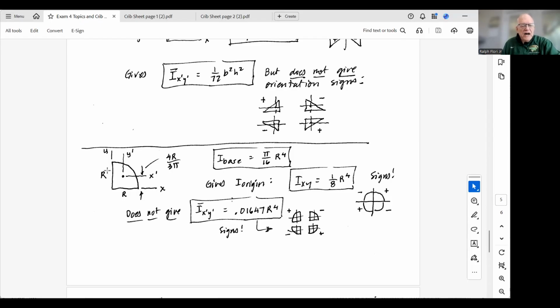He does not give you an I bar XY formula at all for this quarter circle. And it's 0.01647 r to the fourth. Again, the sign of this varies depending on the orientation of the quarter circle. A quarter circle at this orientation is negative, at this orientation is positive, at this orientation is negative, and this orientation is positive. So this is probably not going to be on your test, but I'm giving this to you for completeness, and again pointing out what he gives and what he doesn't give on the crib sheet.